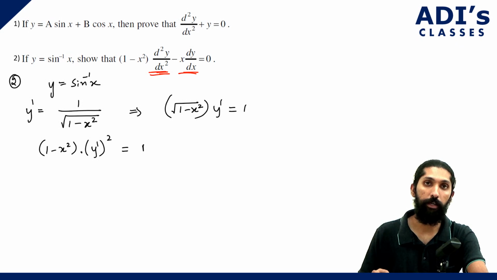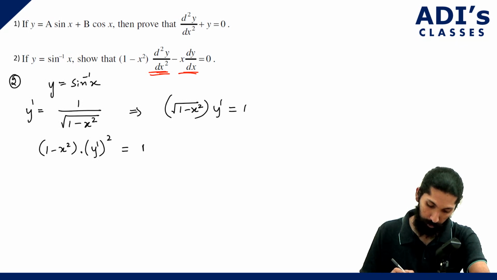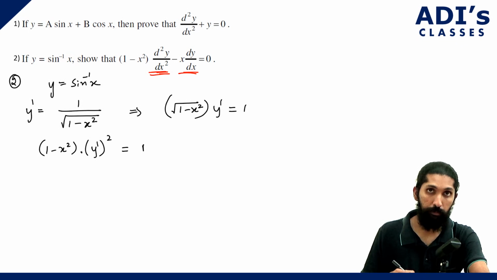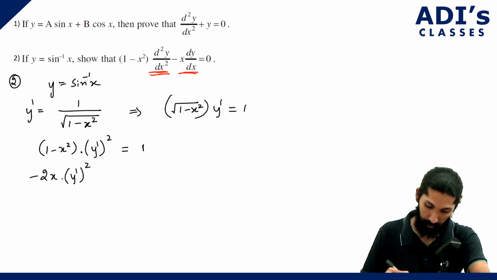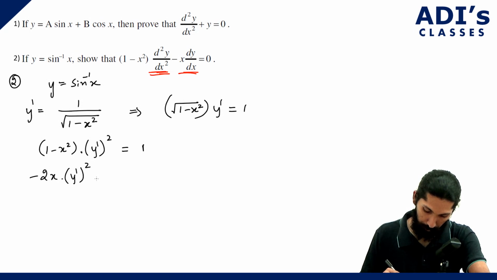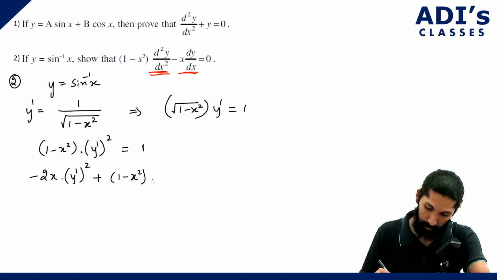Now differentiate. If you differentiate, the LHS derivative is going to become minus 2x into y dash whole square, correct? Next, plus 1 minus x square into 2y dash into y double dash.